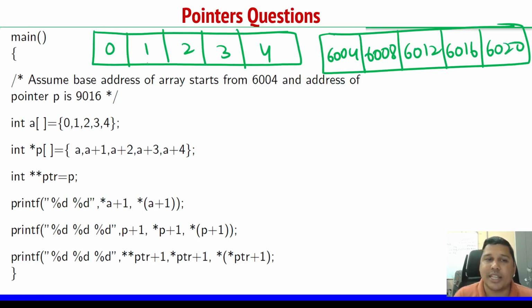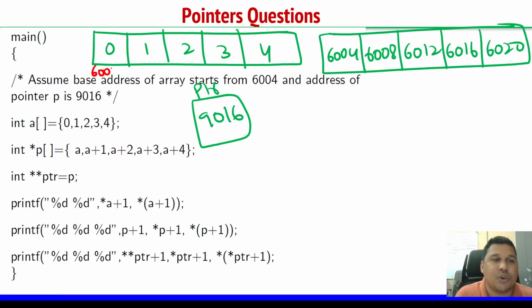Because these are the addresses of these blocks. So we have one more variable PTR. It contains 9016. Same data, same question, 9016. Now let me write the addresses here. So this is 6004.